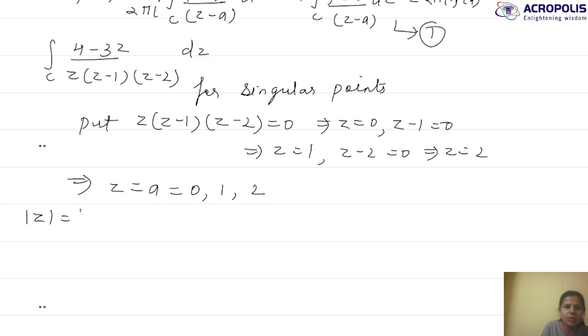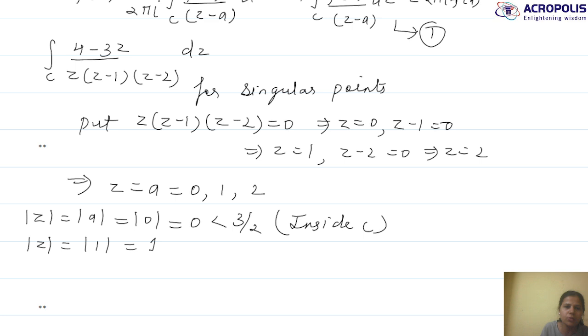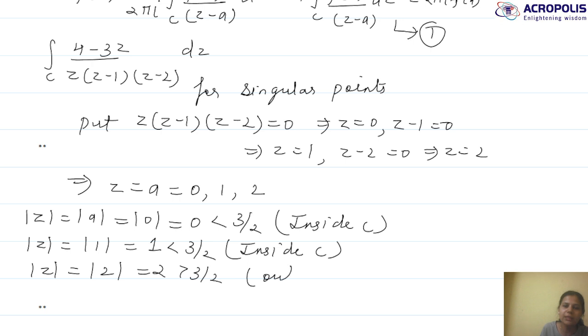At z equals a equals mod 0, that is 0, which is less than 3 by 2, so this point lies inside C. Next, mod z equals mod 1 equals 1, which is again less than 3 by 2, so it also lies inside the curve C. Similarly, mod z equals mod 2 equals 2, which is greater than 3 by 2, so it lies outside C.